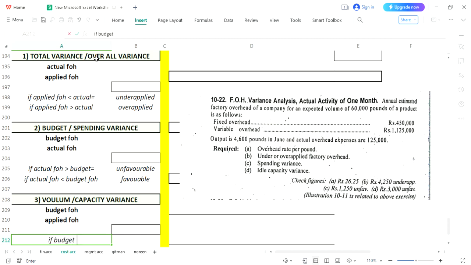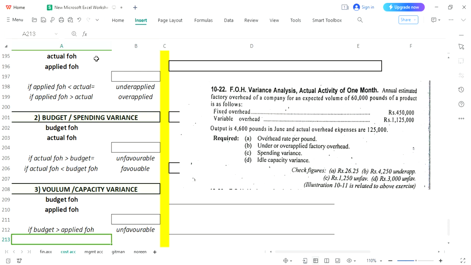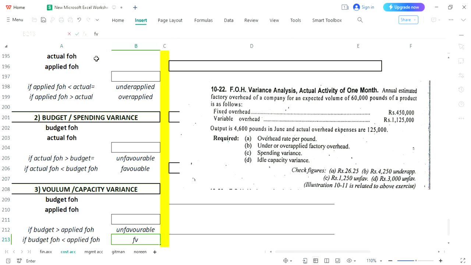If your budget is more than applied FH, that means it is not in your favor. You will be writing unfavorable. And secondly, if budget FH is less than applied FH, the charged amount is less, it's comfortable for you, so you will write it as favorable.